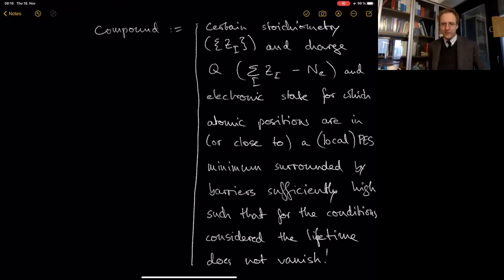Typically, the free energy surface is shaped in such a way that your system will be in one free energy minimum. So let me maybe rectify this. This should really be the free energy surface and not the potential energy surface.